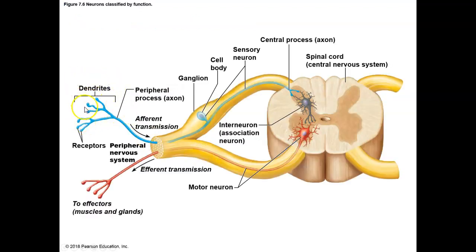Here we have these little dendrites that would be found within the skin, that would be considered your receptors, that would pull in information up to the cell body, and then an action potential would propagate down to the CNS.